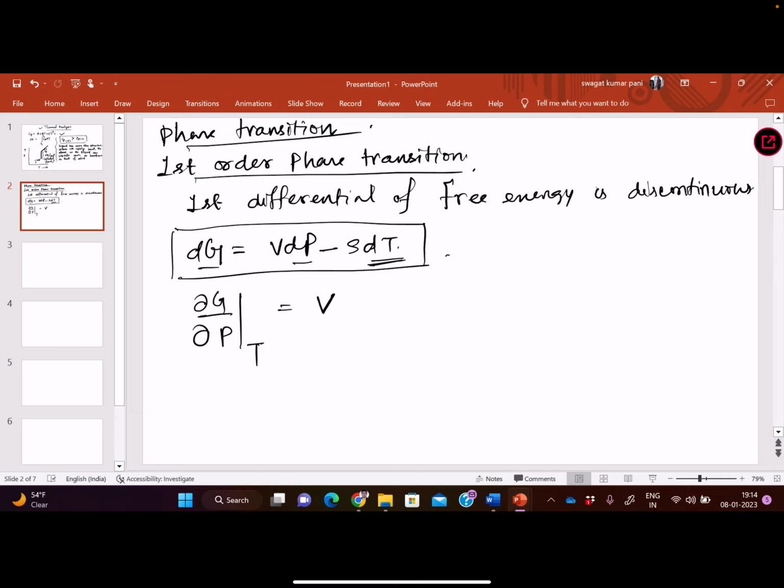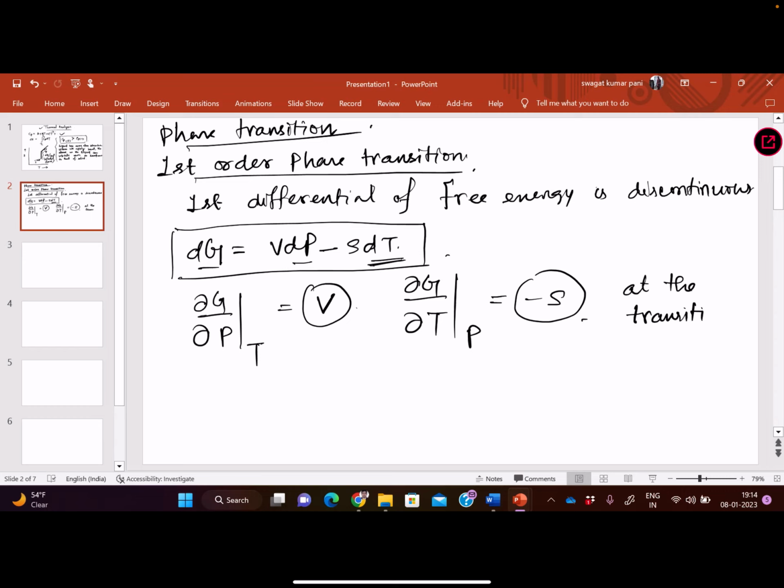So del G by del P equals V. What can be the second one? Del G by del T at constant pressure equals minus S. These two will be discontinuous at the transition temperature, like the melting point or any other phase transformation. So these two will be discontinuous.